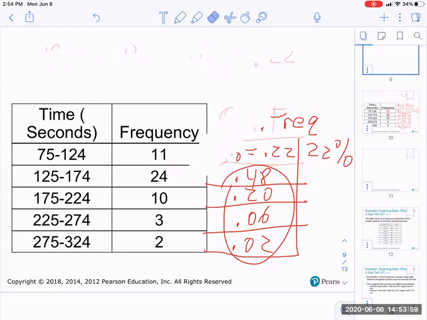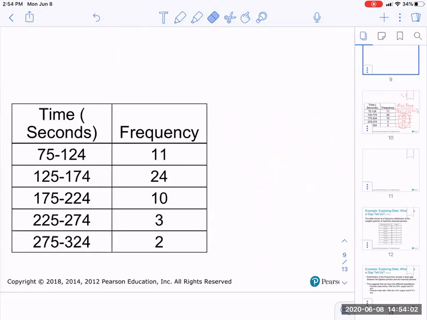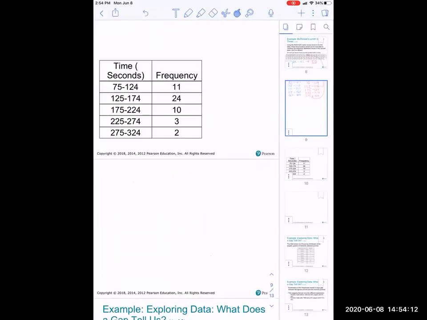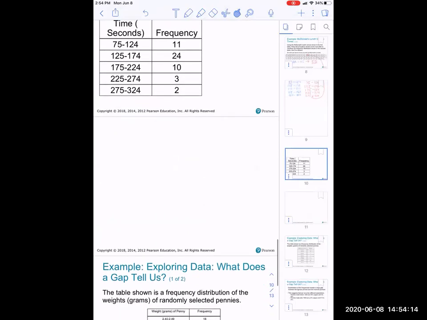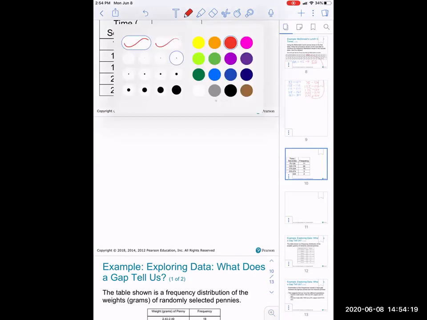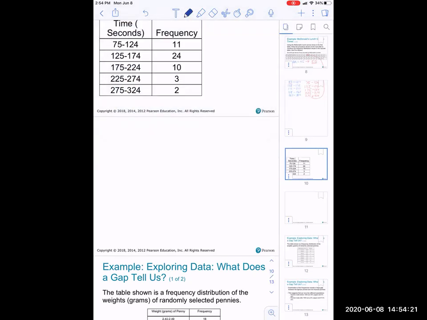Okay, so we built a frequency table. Now I'm going to construct a histogram because, like I said, I get that pretty much for free. So I'm going to do that here. Okay, so this is wait time at the takeout window, the units are seconds.